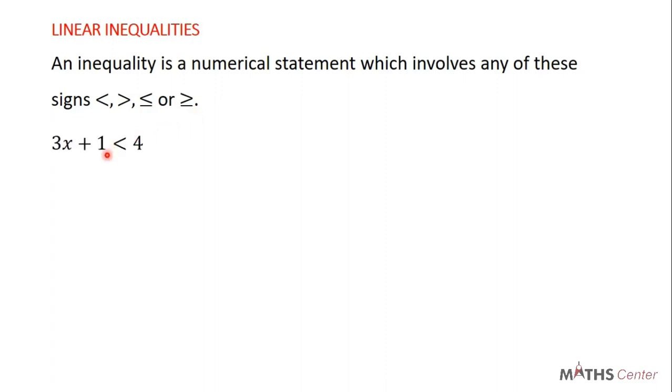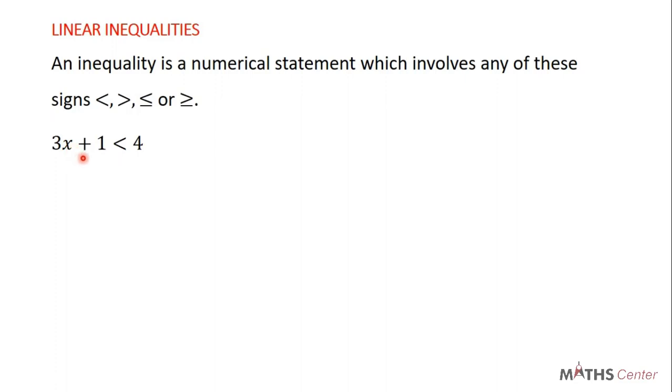For example, the expression 3x plus 1 is less than 4 is an inequality, and it is linear because the highest power of the variable in this inequality is 1.